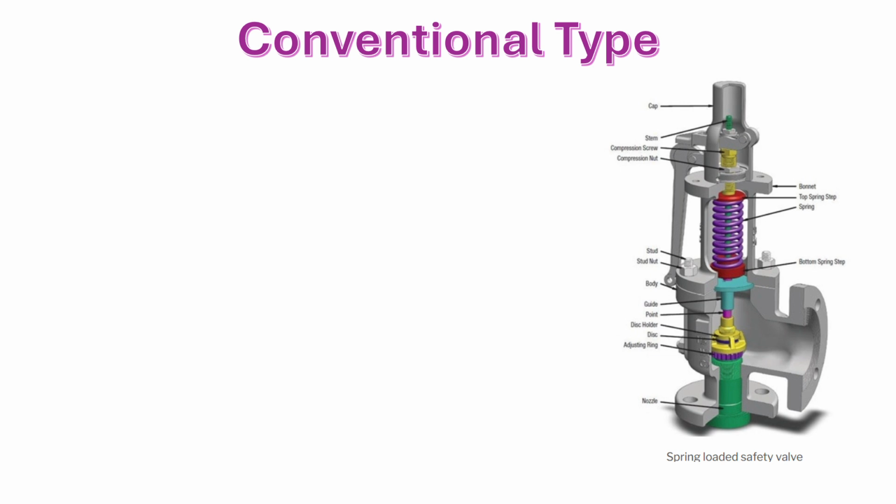The load of the spring is designed to press this disc against the inlet pressure, wherever we have installed the safety valve, and that depends on the type of fluid we are protecting against, like steam, gas or liquid.